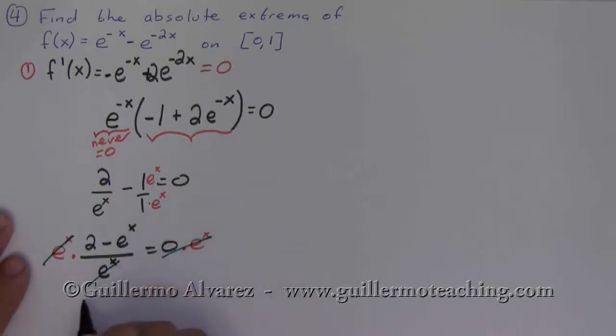And so now what I have is I need to figure out when e to the x equals 2. And if I just turn this from exponential to a logarithm, what this means is that x is equal to natural log of 2.